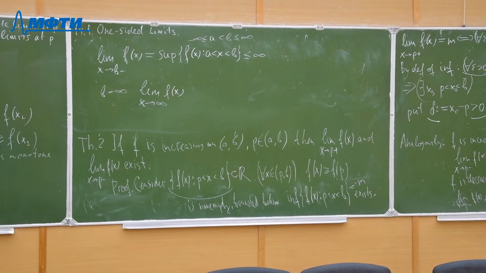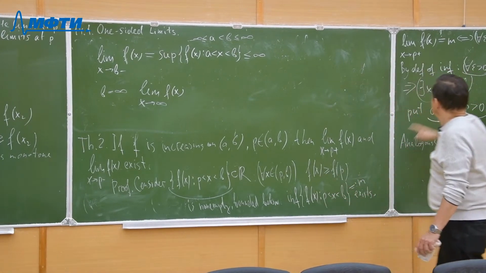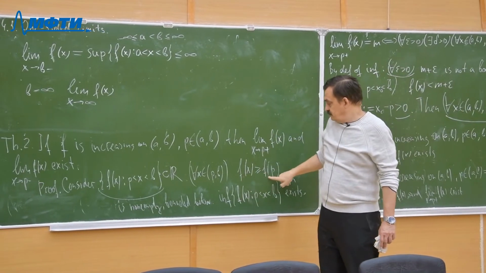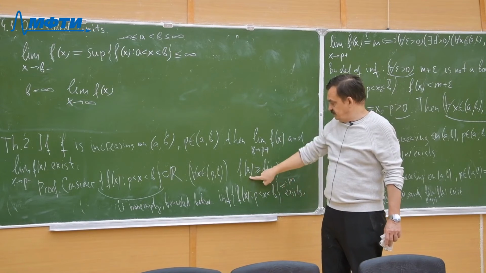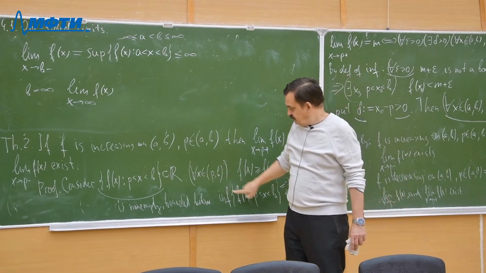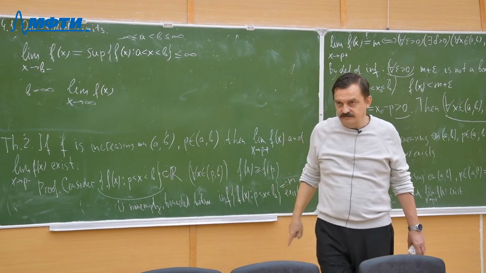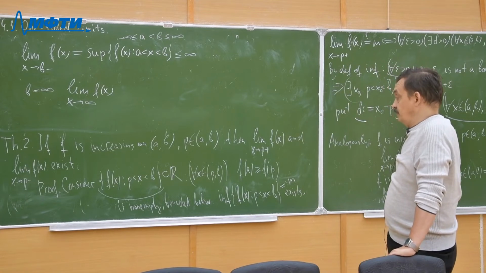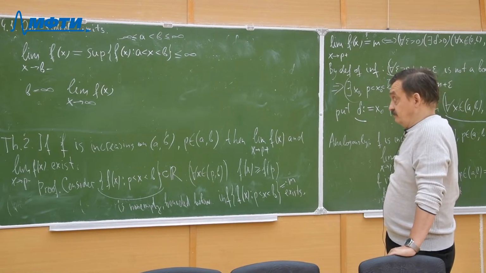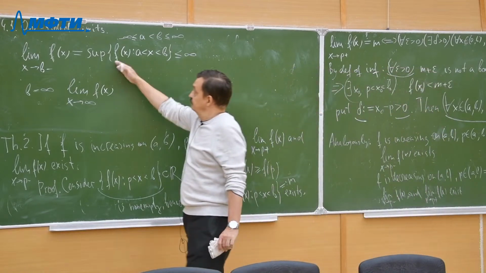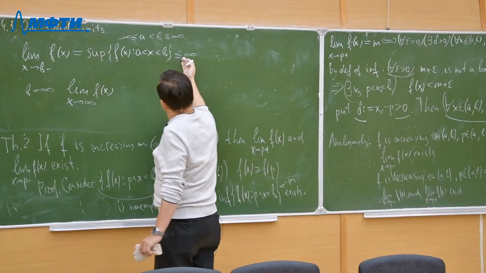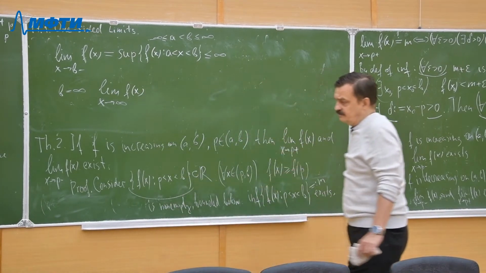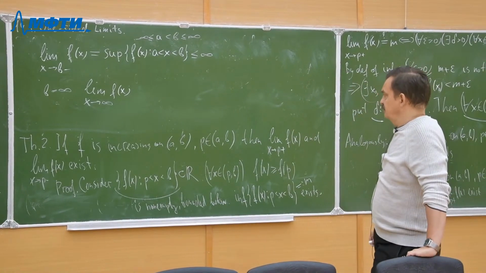Because you see, here, for example, we used that it is bounded below because of this inequality. P was in the interval. Now we have no bound above. So this set is not bounded above. Of course, it is not very good to consider the case when the supremum is infinite, but we accept this.